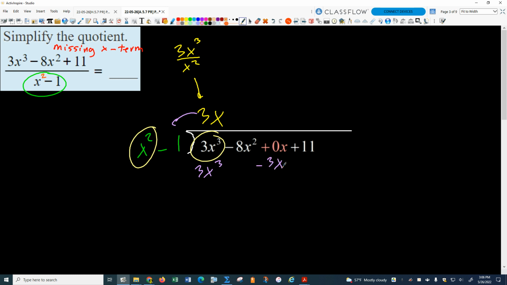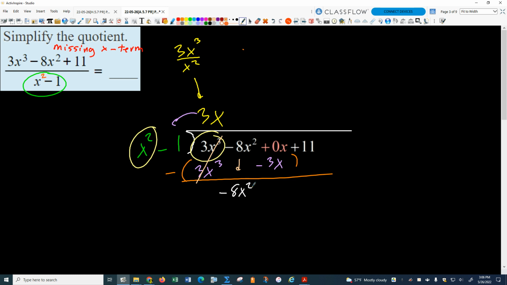And then I'm just going to subtract vertically, just like I did with numbers. Okay, when you do this, though, to avoid making a mistake, put a negative sign out front and put the whole thing in parentheses, because here's how you have to do this. Top minus bottom. 3x cubed minus 3x cubed cancels. Okay? Negative 8x squared minus nothing just gives me a negative 8x squared.